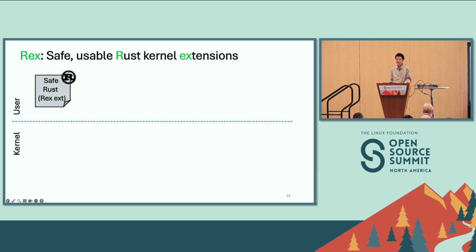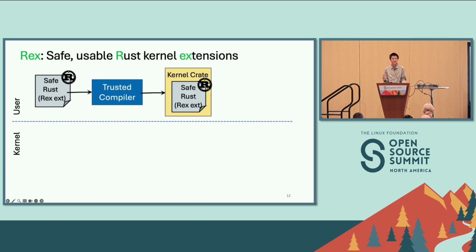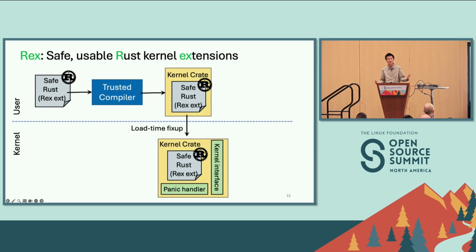In the model of Rex, the program is implemented in safe Rust only. It is then compiled by our trusted Rust compiler and linked with the Rex kernel crate, and this binary can then be loaded into kernel space. At this point, the kernel performs some load-time fix-ups to resolve the referenced kernel symbols, such as helper functions and maps.